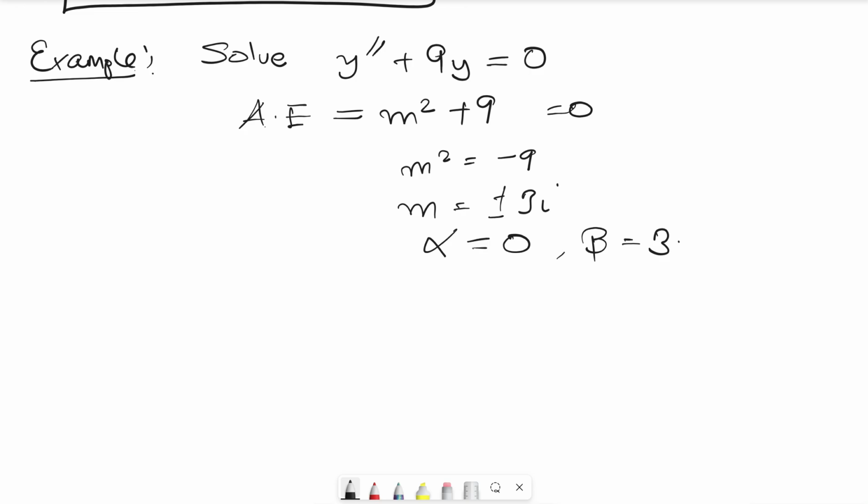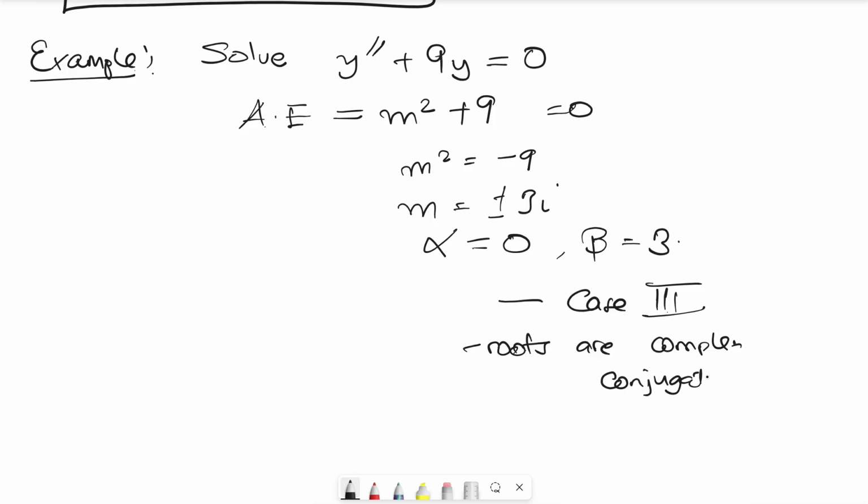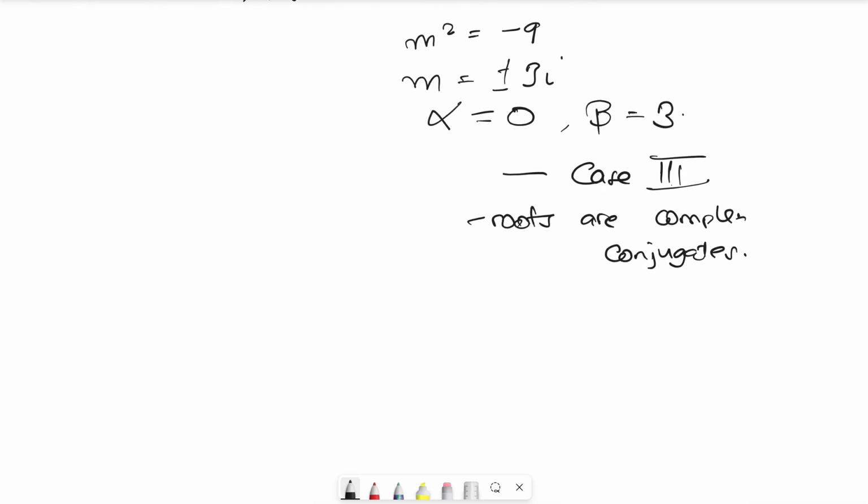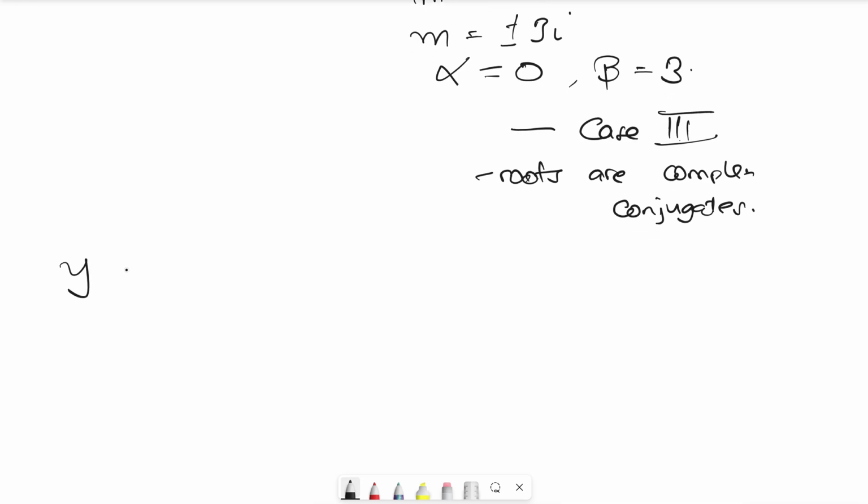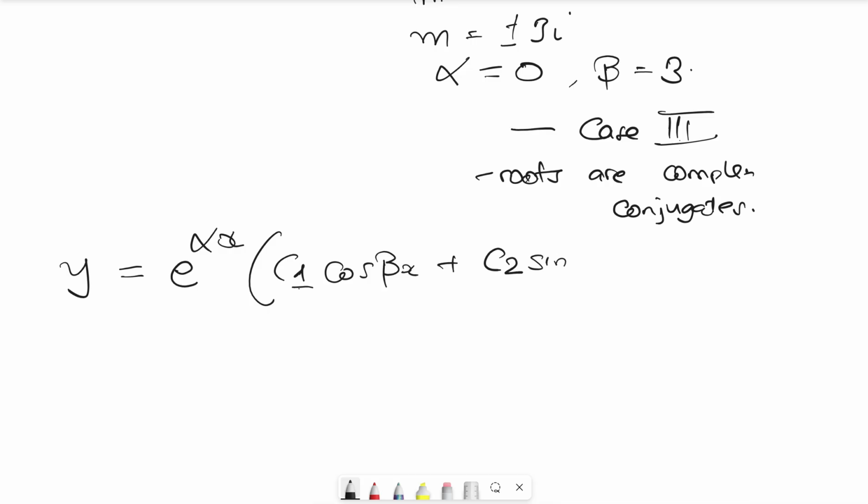And this will be case 3, whereby roots are complex conjugates. When it is case 3, the general solution is e power alpha x (c1 cos beta x plus c2 sin beta x).